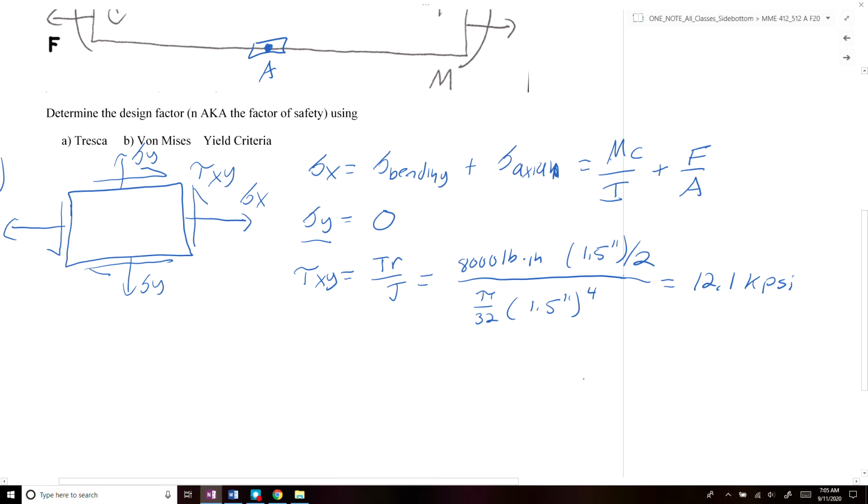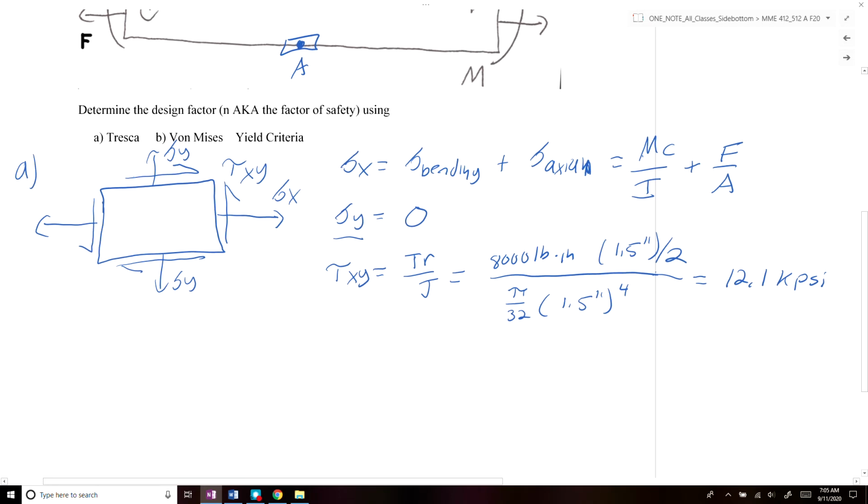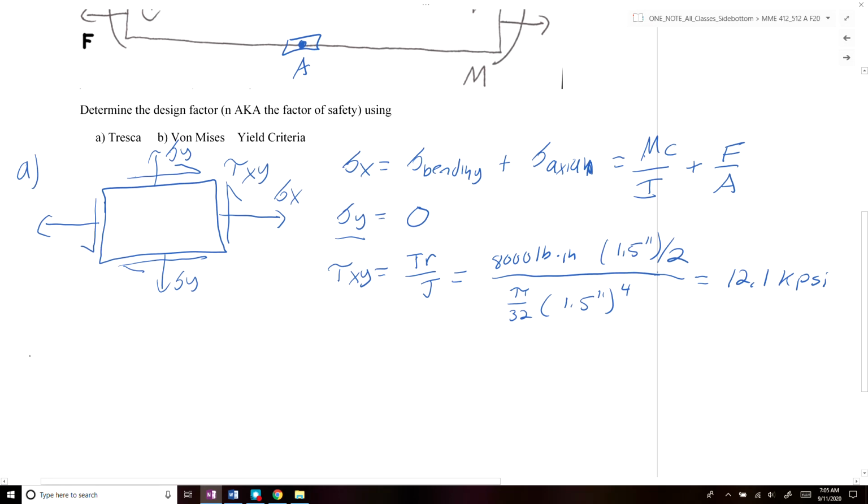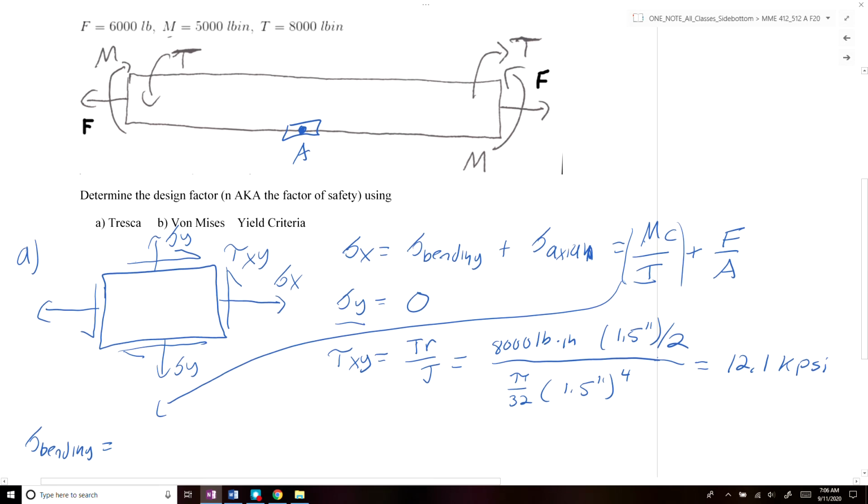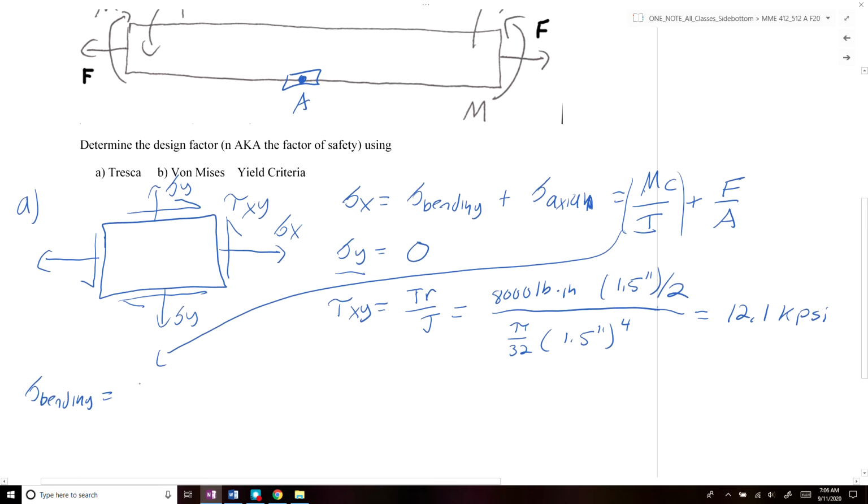We can repeat this process to solve for sigma bending next. For sigma bending, we have our moment, which was given to us, 5,000 pound-inches, times c, which is the distance from the centroid. In this case, it's just the same thing as the radius.